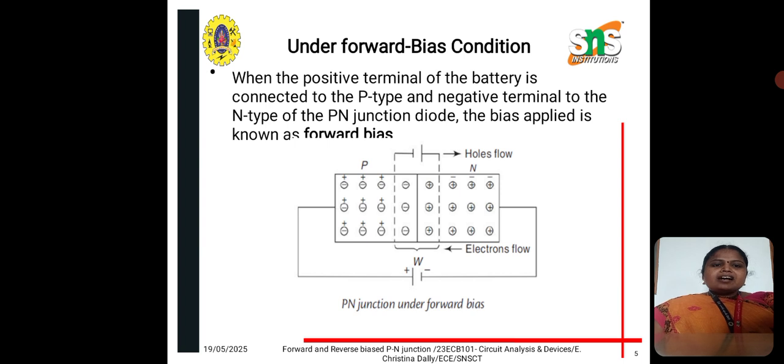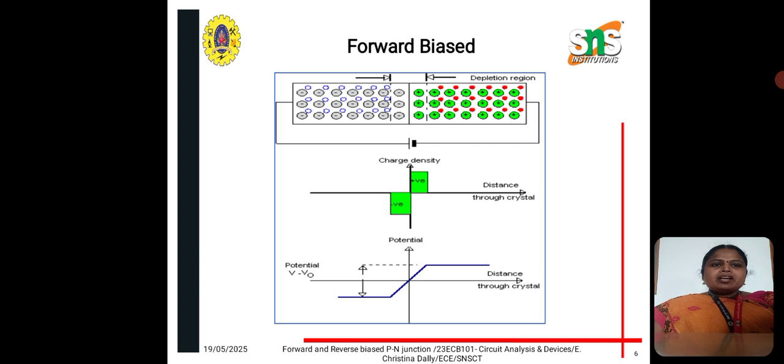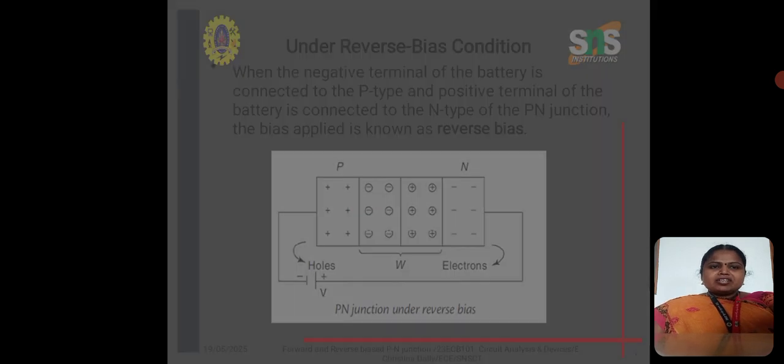Here W is represented as the depletion region. While under the forward condition, we are going to see the potential. When it rises from 0, it will increase and after that it will be constant. So this is given during the forward bias condition.